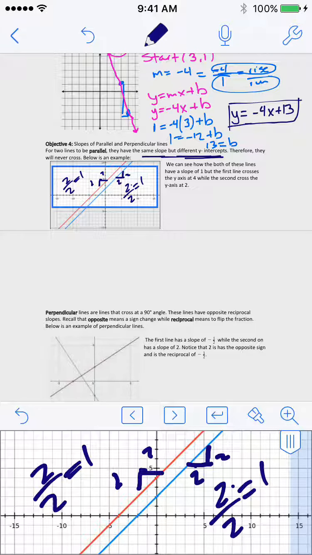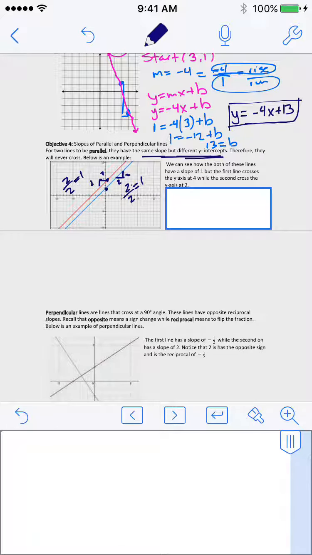They have the exact same slope, right? However, if we look at their y-intercepts, the red line has a y-intercept of 4, while the blue line has a y-intercept of 2, right? These two dots right here. Therefore, a y-intercept of (0, 4) and a y-intercept of (0, 2). So same slopes, different y-intercepts, therefore they are parallel.